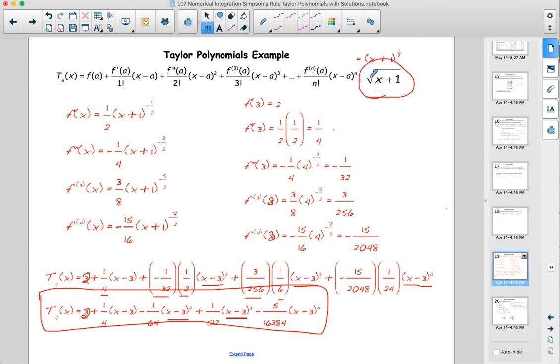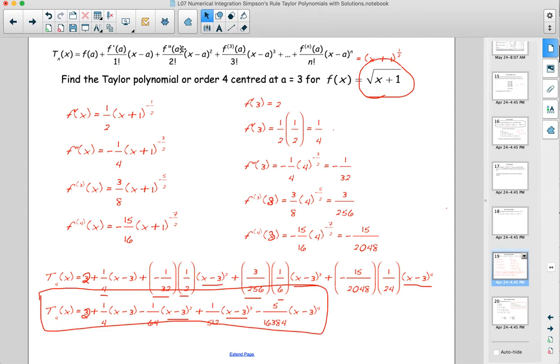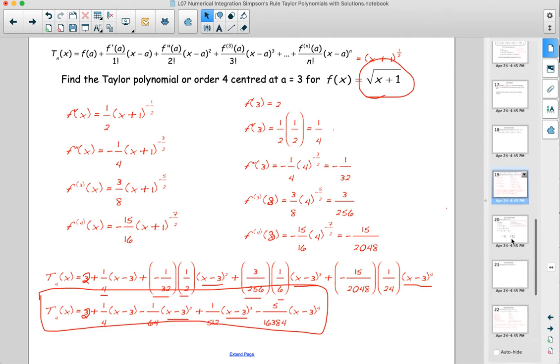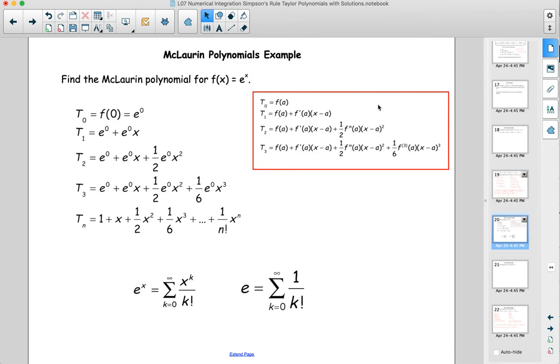That says we can represent the square root of x plus 1 by this polynomial function. We are centered at 3 in our example. I'm just going to move this up a little bit so that we can see. We were centered at 3, so this will provide good estimates close to 3. I'm going to suggest you graph this and this to see how close you can be to 3 before your estimates get pretty bad.